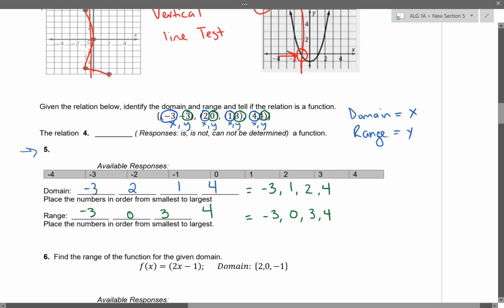Do I have the same x pairing with another number? So -3 only has -3. There's no other -3's here. 1 only has 3. 2 only has 0. And 4 only has 4. So therefore, this is a function.